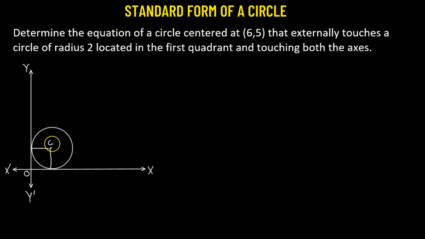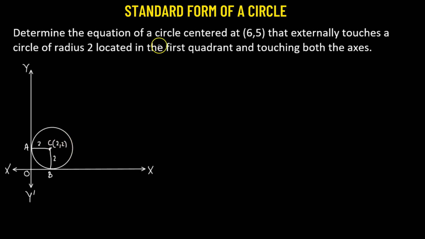So if we assume that the circle has a center denoted by C, then CA, which is the perpendicular drawn from the center of the circle to the y-axis, and CB, which represents the perpendicular drawn from the center to the x-axis, both represent the radius with a value of 2 units. Then immediately we can also define its coordinate. So its coordinate is going to be (2, 2).